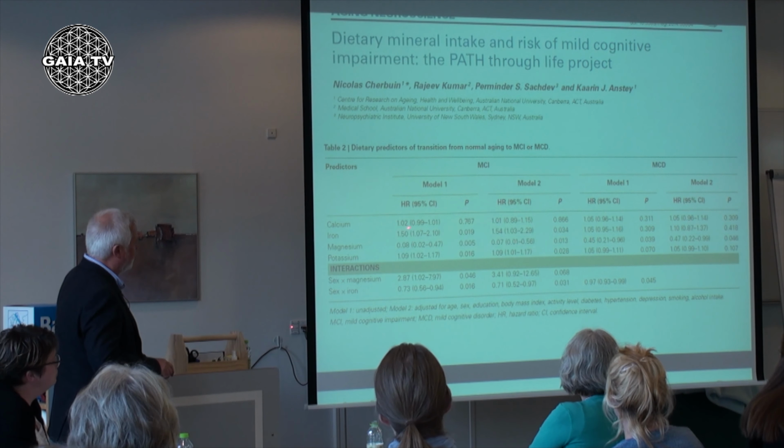And you see, well, okay, calcium has not a significant effect. The relative risk is set to 1. And you see calcium, well, no effect at all. Iron, there is an effect. It increases the risk. Well, this is known since long. If you have too much iron, this is not very good. You should not have too much iron in your body. However, here look at magnesium. If you have a high magnesium concentration, you can reduce the risk from 1 to 0.08.